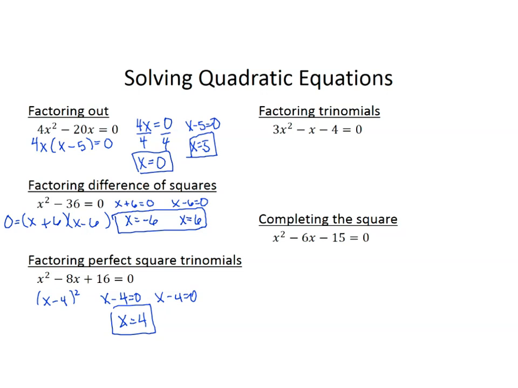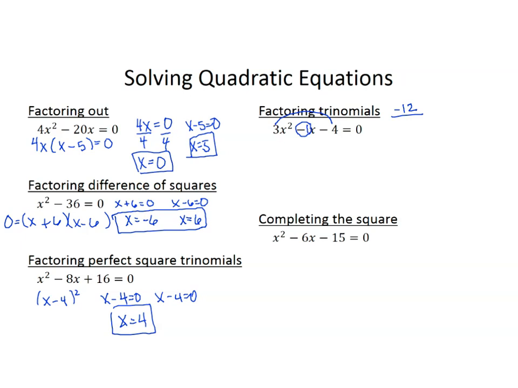Let's look at factoring trinomials when we have ax squared, bx, and c. So in this type of problem, we multiply the first and last terms, and we get negative 12. And we look for two numbers that multiply to be negative 12, but add to be negative 1.